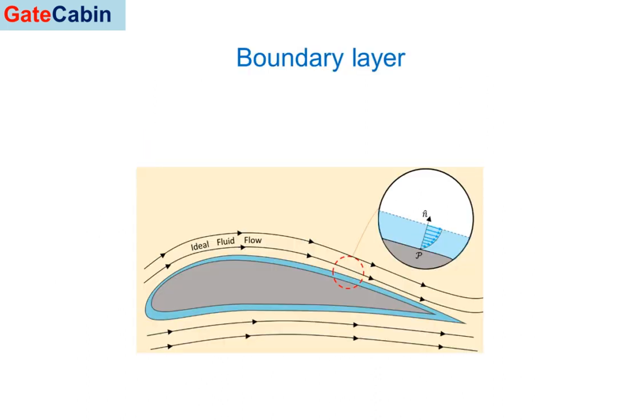Then the second most important concept is, what is the boundary layer? Whenever air or any liquid, whether it is water or gas, moves over a solid object, there is a very thin region of fluid in contact with the surface of the solid object, whereby viscosity becomes very important.